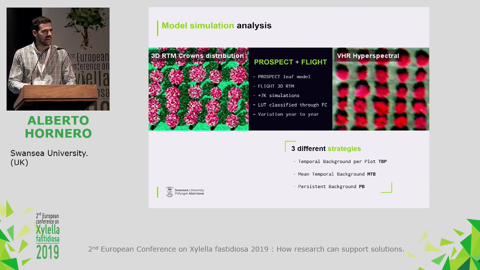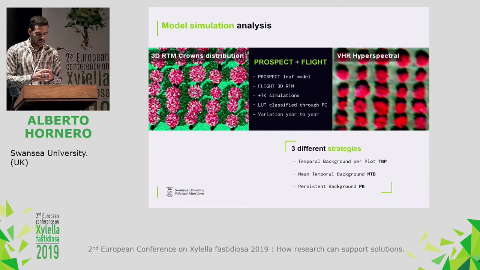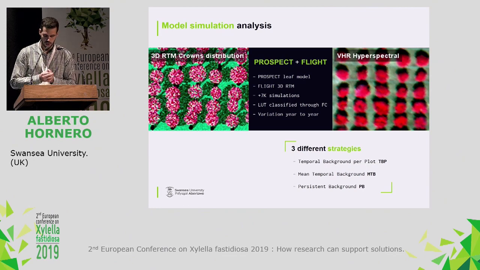And a compromise alternative where we calculate the spectral average of the background of all the plots together and their variation. We name it mean temporal background, MTB. So finally, following each of the approaches, we evaluate the estimation of delta DS and delta DI with Sentinel-2.